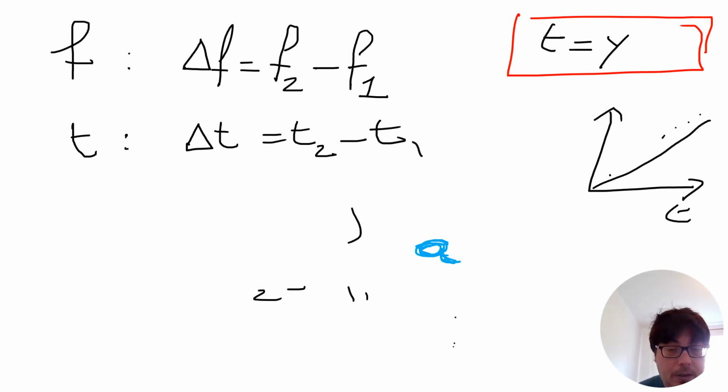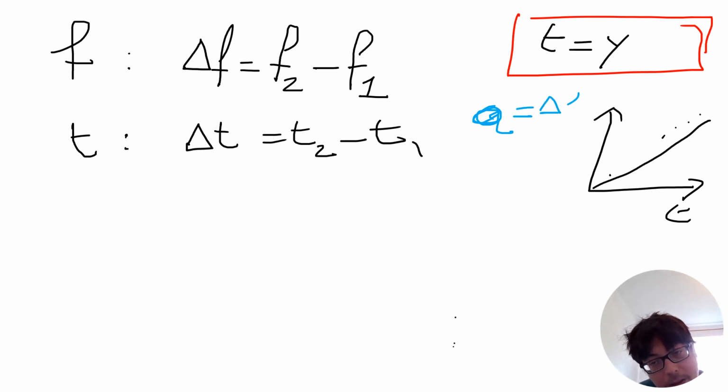Remember A, we put A up here. Oops, I don't want this color here. I want a lighter blue, which is nicer. Light blue A, and this is our compact way of writing delta f over delta t.